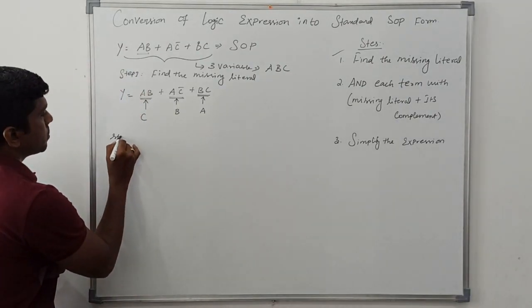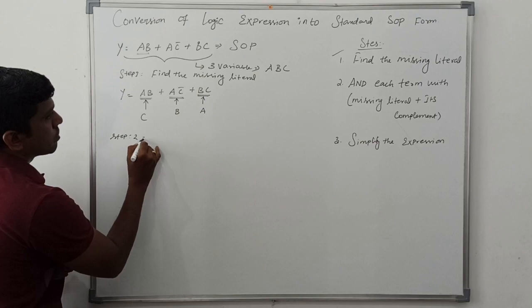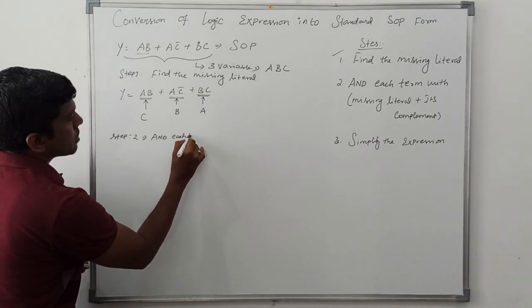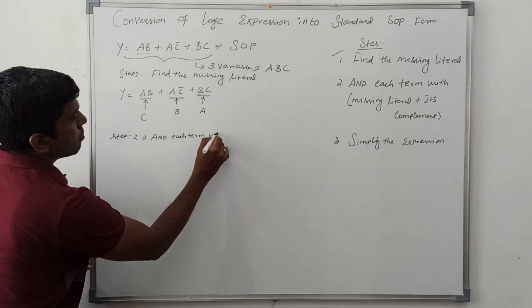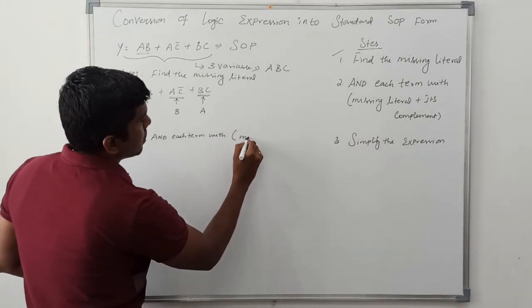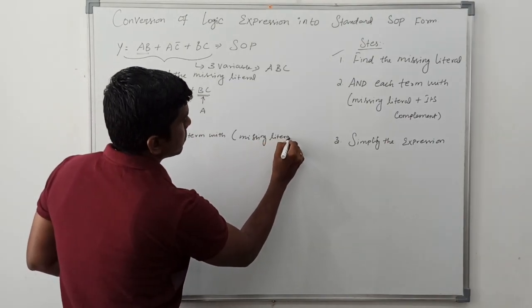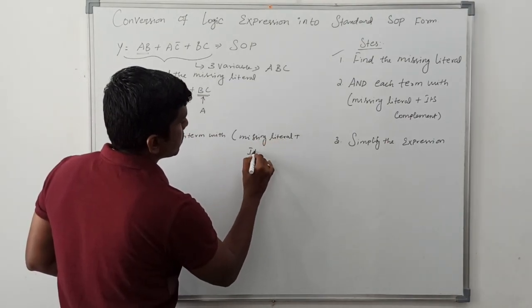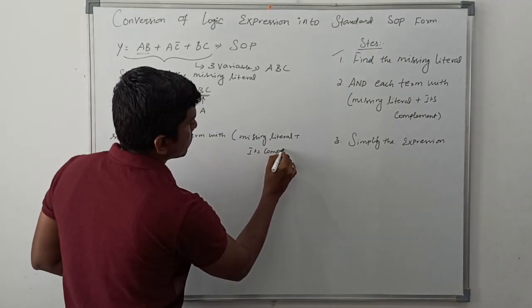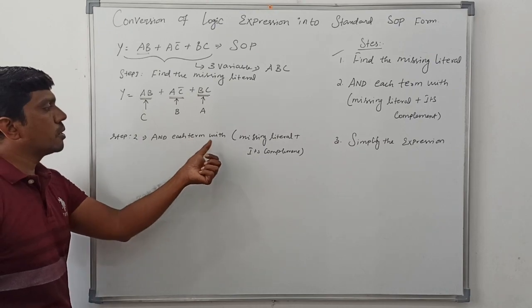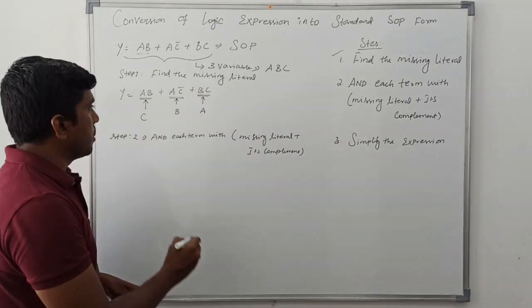Then step 2: AND each term with the missing literal plus its complement.